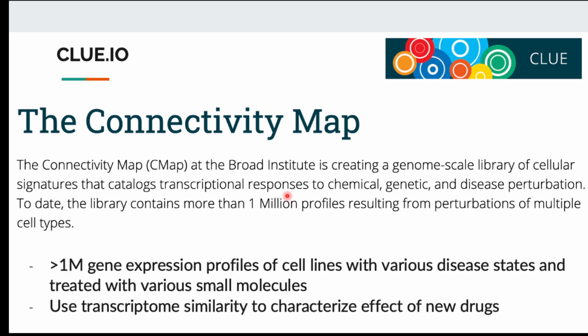And you can infer that maybe your new drug has the same effect, the same usage, as the drug in their database. So this is also a kind of network that can map from drugs or small compounds to the cell lines and to the transcriptomic profile.